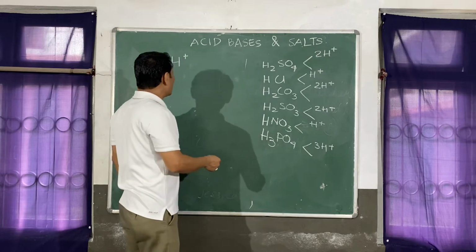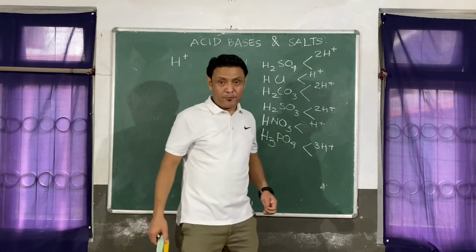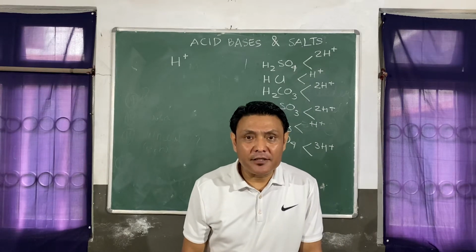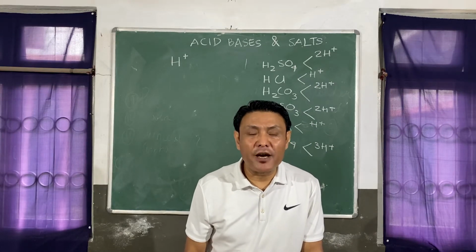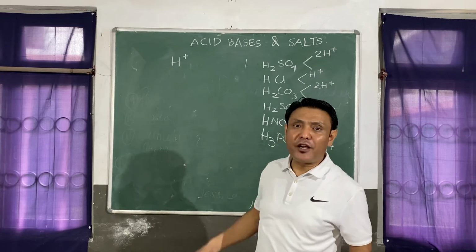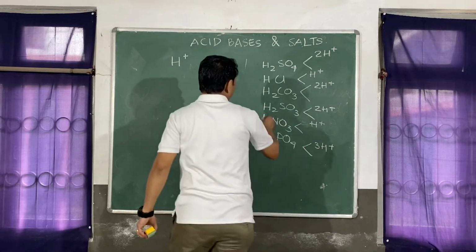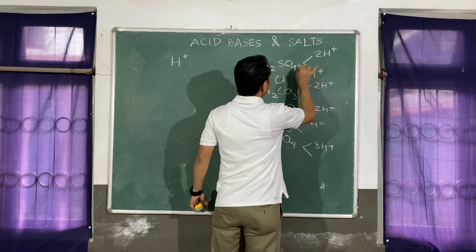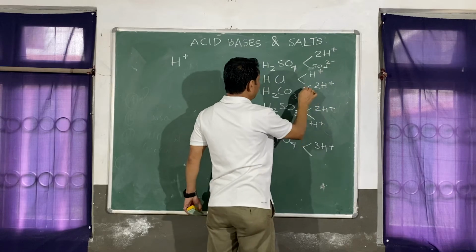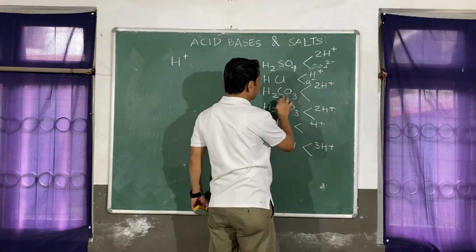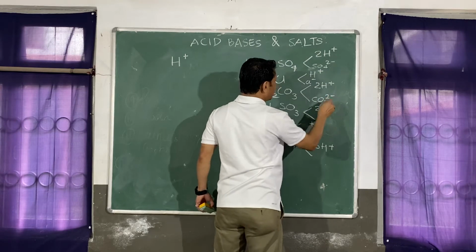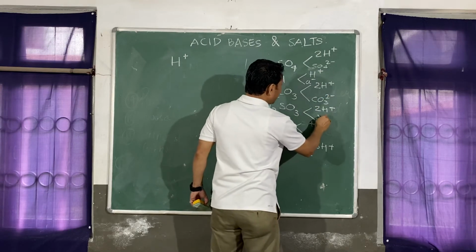So what is an acid once more? An acid is a compound which when dissolved in water produces hydrogen ions as the only positive ion. As far as negative ions are concerned, there are different negative ions in each of the acids. In sulfuric acid we have SO4 2-. In hydrochloric acid we have Cl-. In carbonic acid we have CO3 2- and in sulfurous acid SO3 2-.